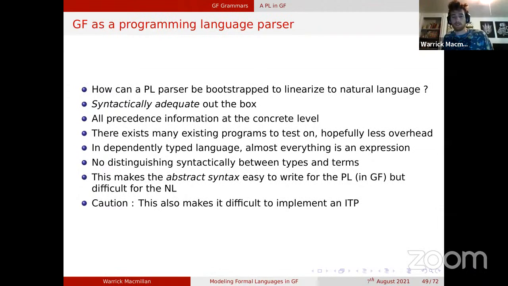But also, just because I said it's easy to write an abstract syntax for GF, or at least a simple one, it may not actually be easy to implement a parser for a real proof assistant based off dependent type theory.